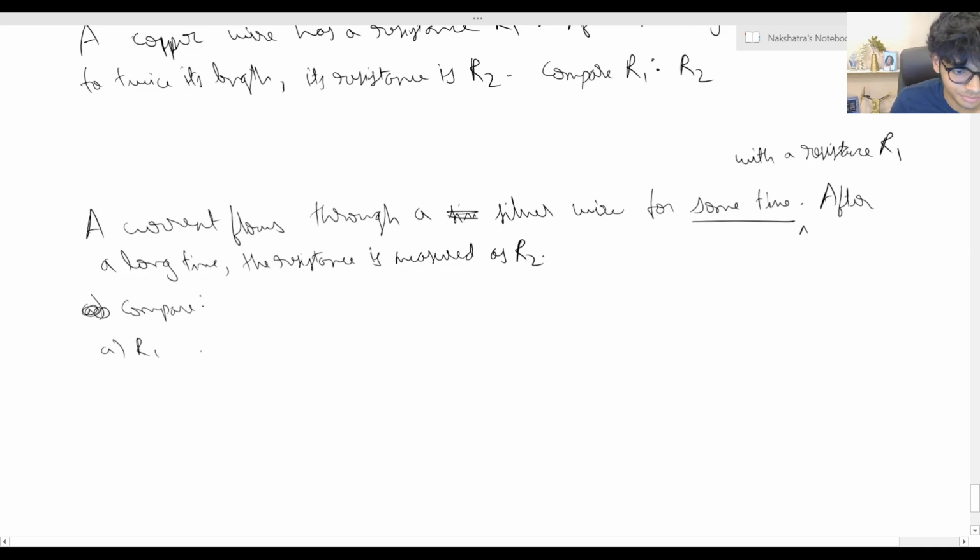After a long time the resistance is measured as R2. Now you have to compare R1 and R2, using greater than, less than, or equal to sign. And then rho 1 and rho 2, and again use greater than, less than, or equal to sign.